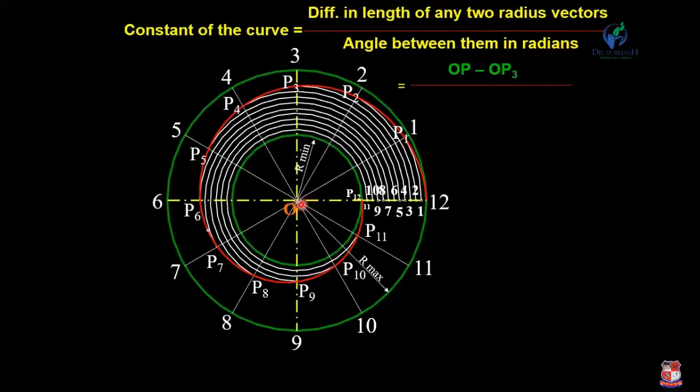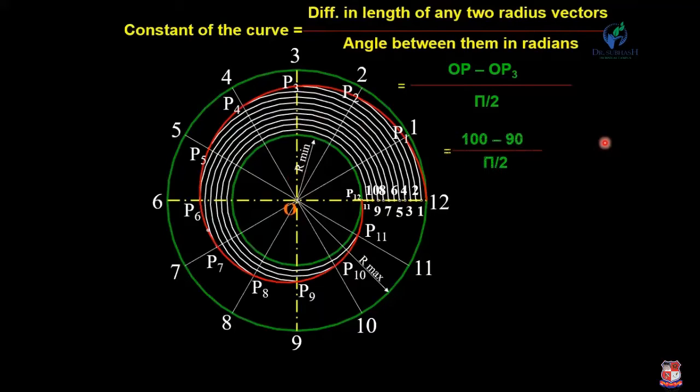That means take OP minus OP3 here. Okay, difference between the length of any two radius vectors. This radius vector is OP and here OP3, upon the angle between them. So the angle between these two radius vectors is pi by 2.